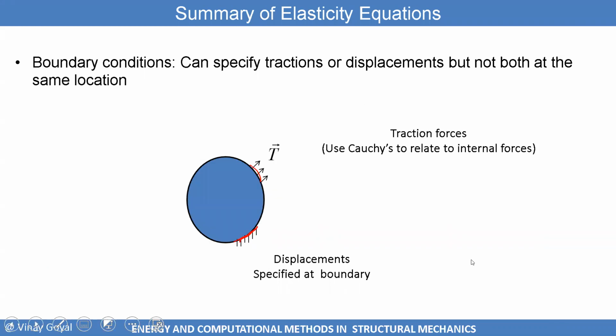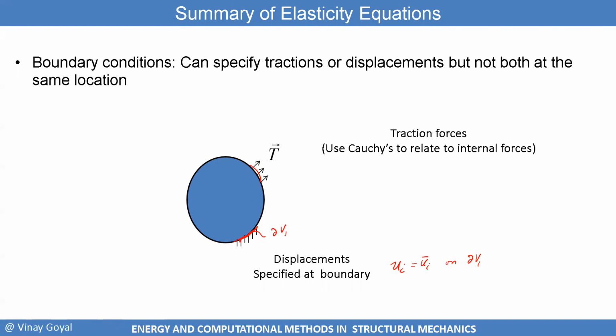We also talked about the boundary conditions. The boundary conditions are displacement specified at the boundary, which is u_i equals u_i bar on part of the surface, let's call this surface V1.